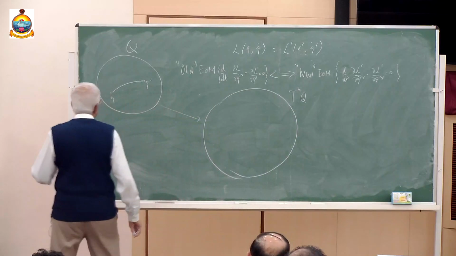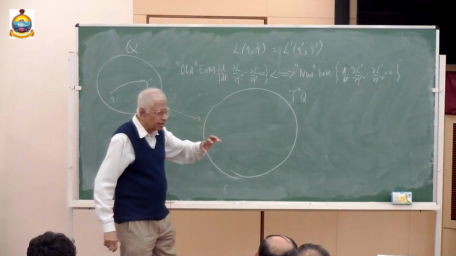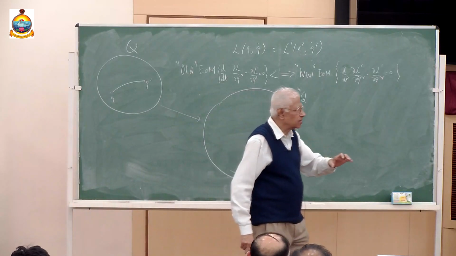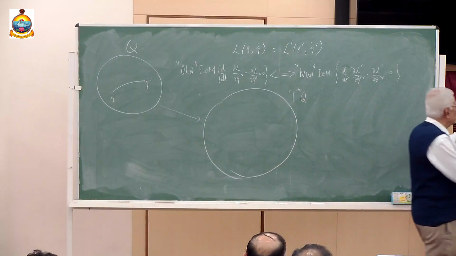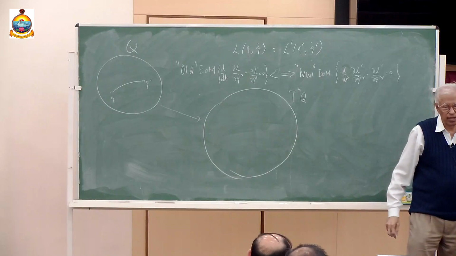The comment is the way in which Hamilton introduced canonical momentum variables, p variables, was to say, given a Lagrangian, for each of the generalized coordinates in the Lagrangian, he defined a corresponding canonical momentum.